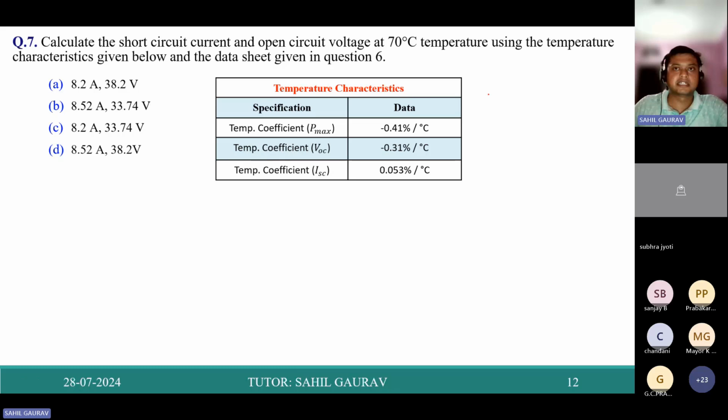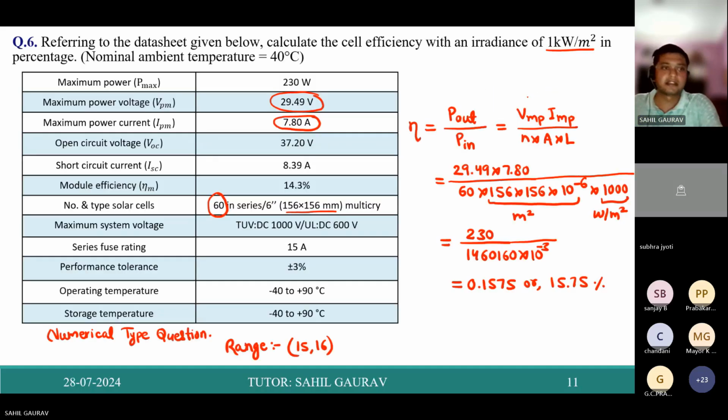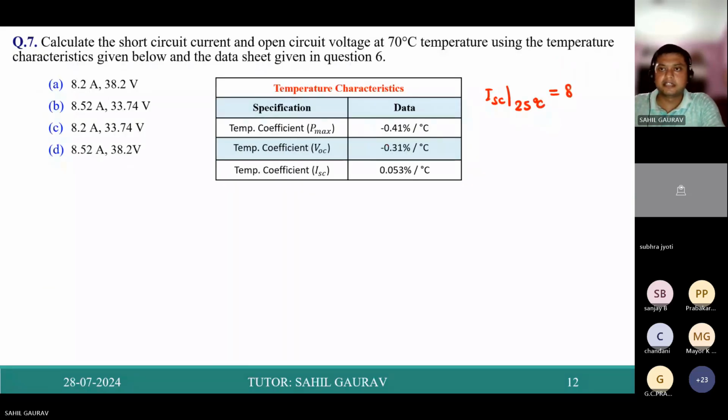First is the short circuit current, ISC. From the data sheet, ISC at 25 °C is given as 8.39 ampere.